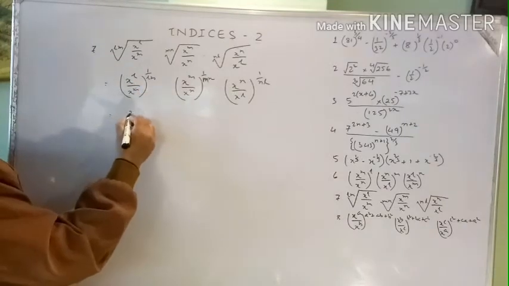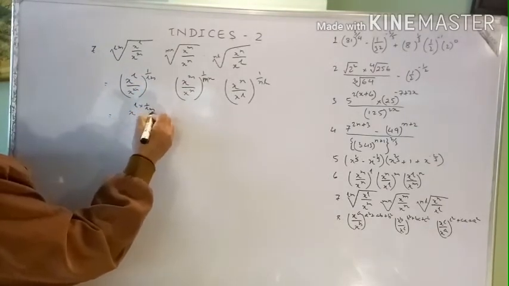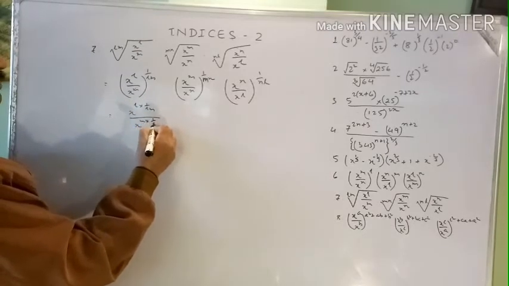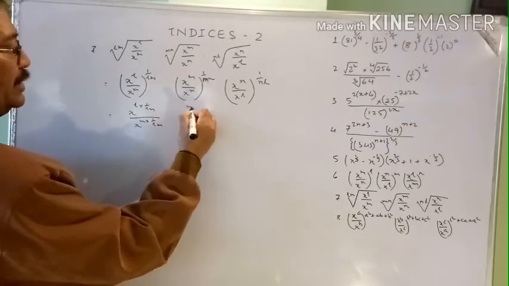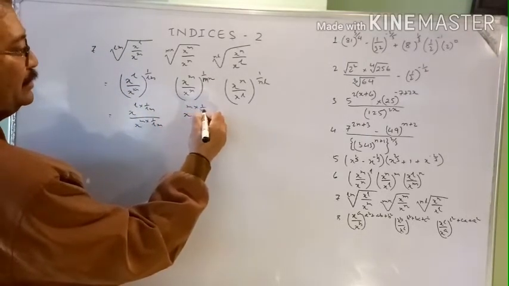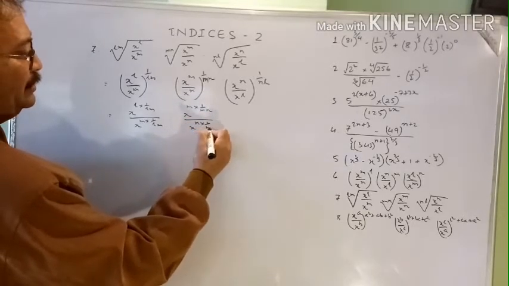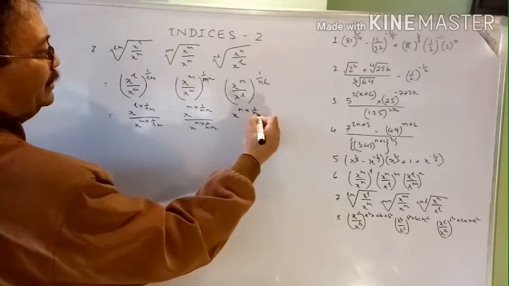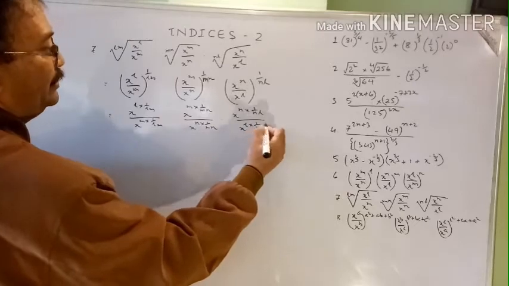So now you can write this as x to the power l into 1 by lm, upon x to the power m into 1 by lm, into x to the power m into 1 by mn upon x to the power n into 1 by mn, into x to the power n into 1 by nl upon x to the power l into 1 by nl.